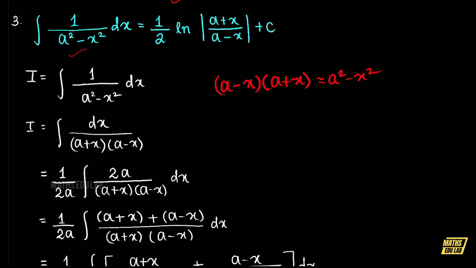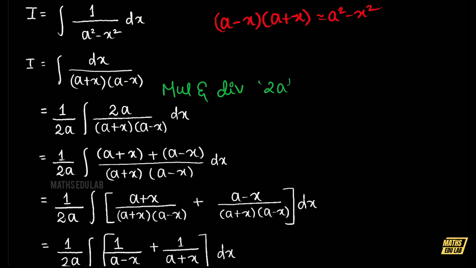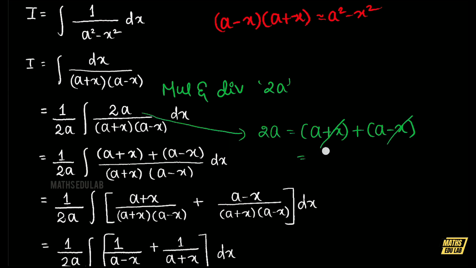Then I just multiplied by 2a and divided by 2a. After multiplying and dividing by 2a, I can write this 2a as a plus x plus a minus x. That means the plus x and minus x will get cancelled out and the remaining will be 2a.